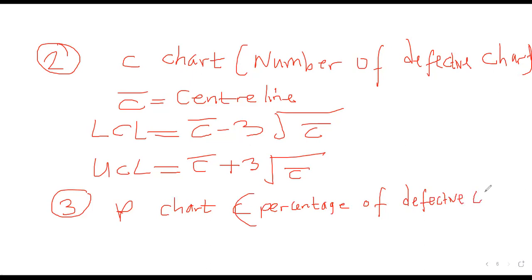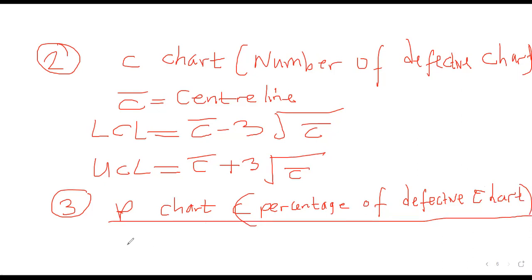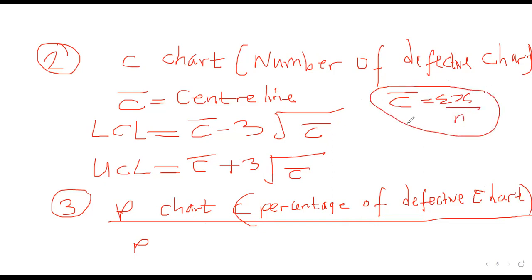Before getting down to the P bar, the C bar is equal to the summation of X over N. It's more like the mean here.